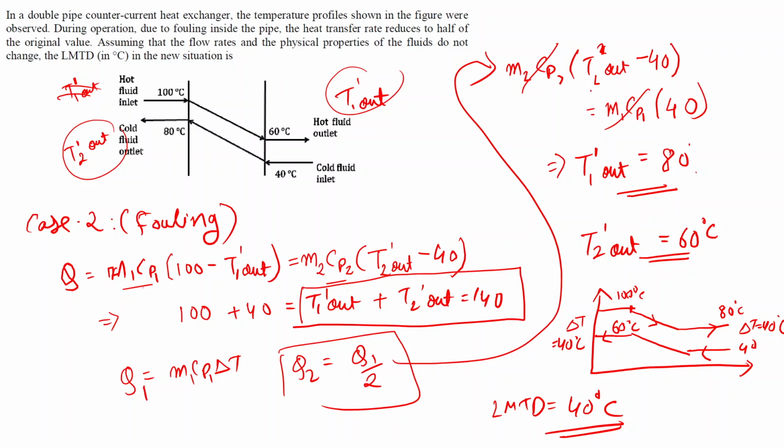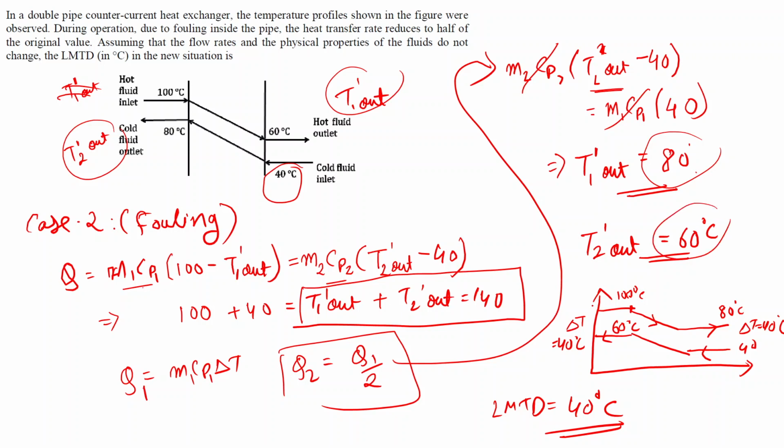The outlet temperature we assumed as T2' out, and the inlet temperature remains the same at 40, and similarly this will be equal to m1 cp1 and delta T, that was 40 from the earlier case. So we got T1' out as 80 degrees Celsius and T2' out as 60 degrees Celsius.